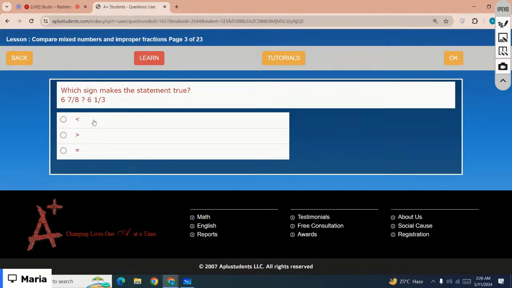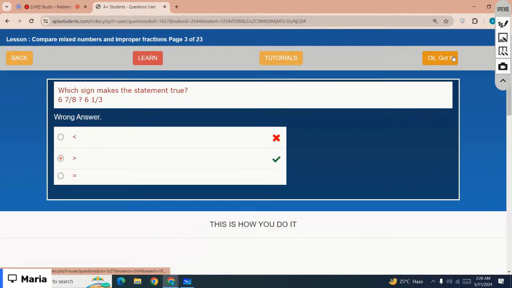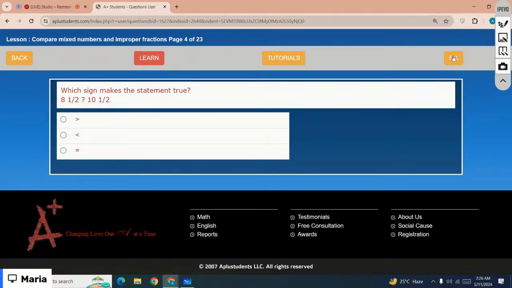The correct option is 6 whole 7 over 8 is less than 6 whole 1 over 3. Oh, yes, 6 whole 7 over 8 is greater. Sorry, not less. Greater it is.